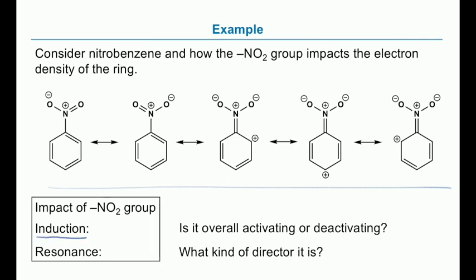So first of all, via induction. Is this a withdrawing group or a donating group with regard to induction? We're saying that if I am looking only at the sigma bonding character right here, is this withdrawing or donating electrons at this center? Because it's positively charged. Right? This is a nitrogen that is already positively charged. This is going to be a withdrawing group.